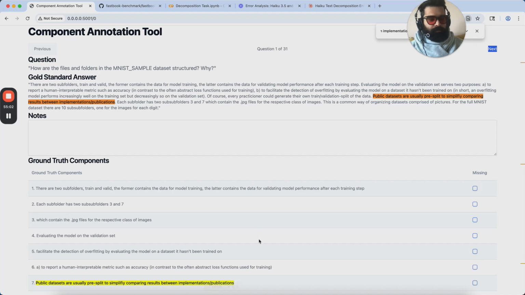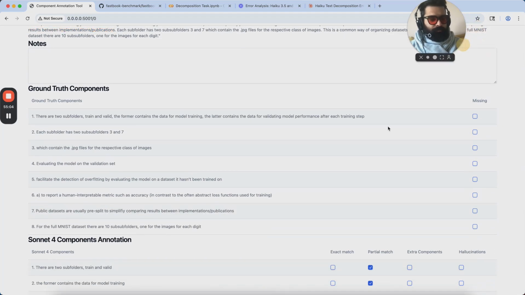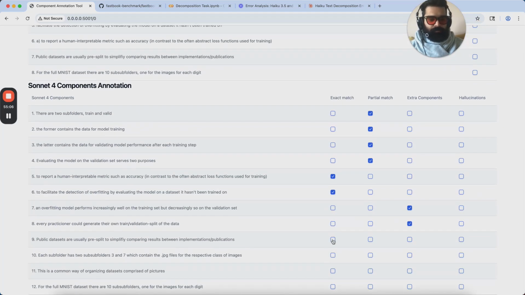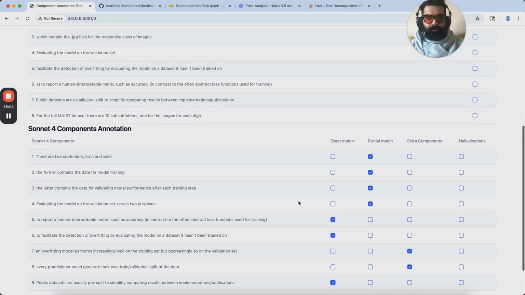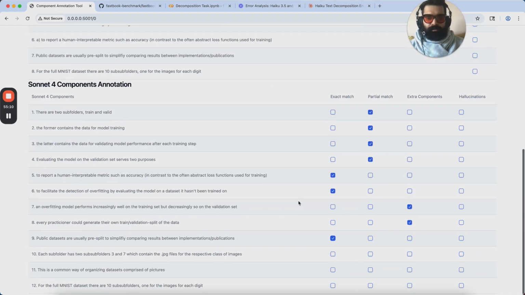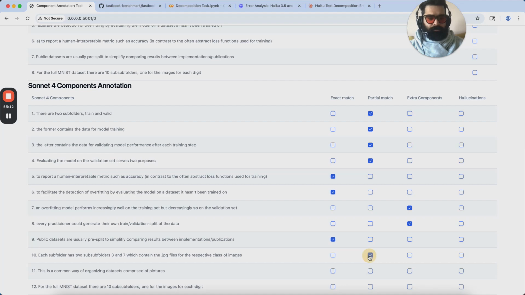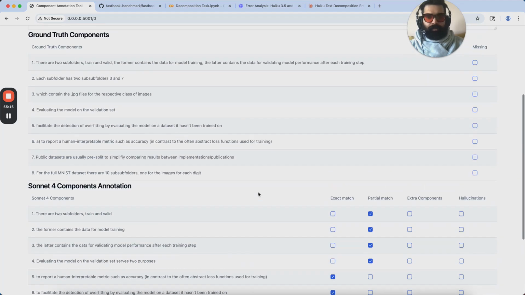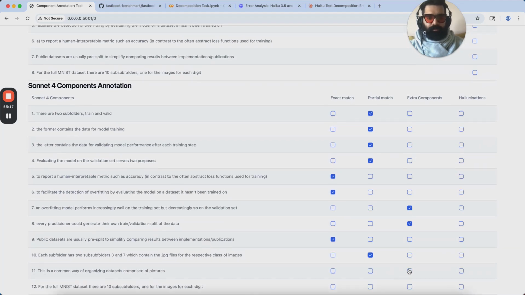Yeah. Each subfolder. Partial. This is a common way. Extra. For the full MNIST, we have exact. Okay.